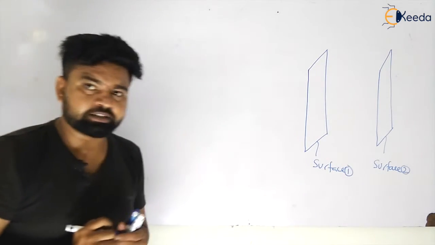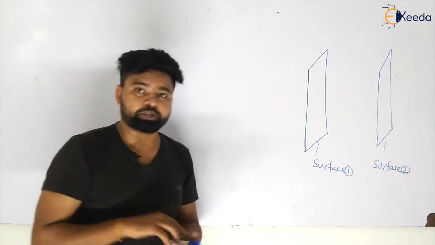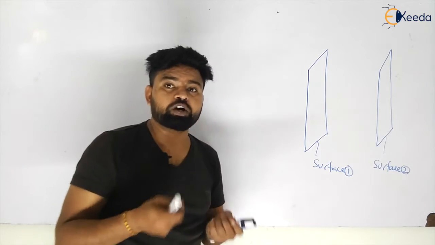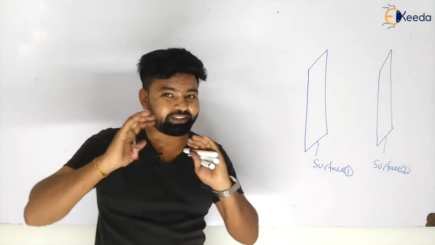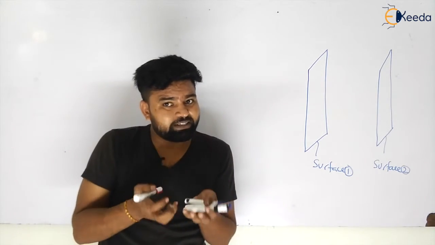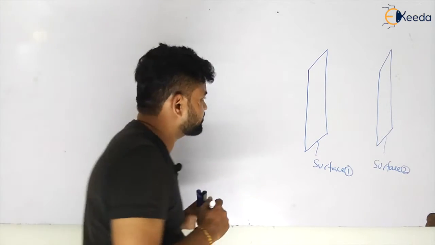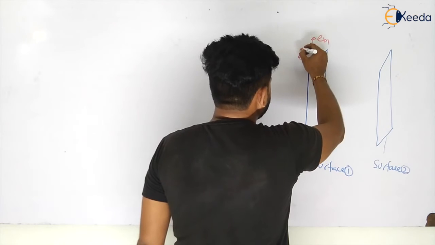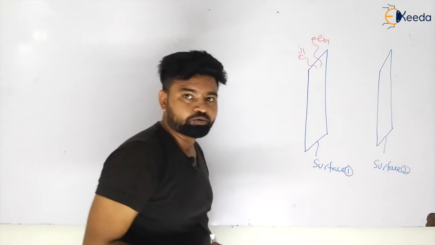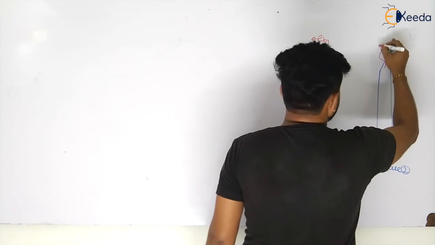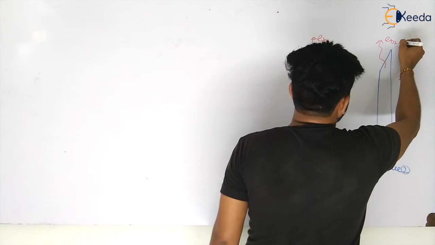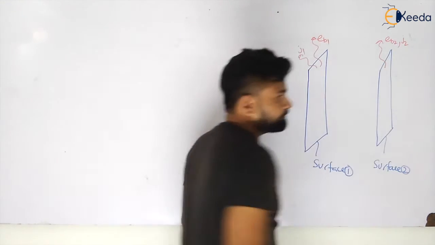So this surface 1 will have some potential difference, for radiation I am talking. Just feel the analogy so that you will be building all the concepts in your mind. You don't have to remember anything, just learn here. This will have some radiosity J1, per unit area. Similarly, this surface also has EB2 and some J2, my dear students.